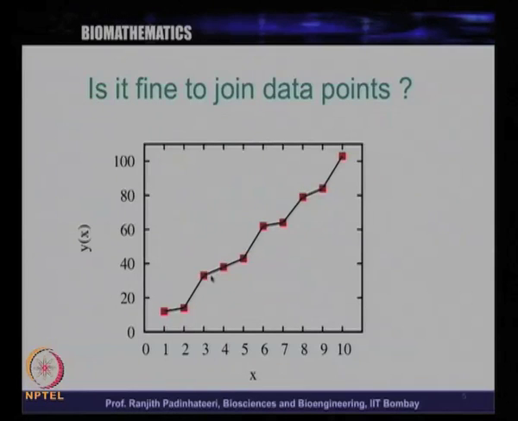When we get some data points like this, first we have to know what is actually the phenomenon. Depending on that, we can make some guess, or sometimes know, what function this must be following, and if you know the function you can fit that function to this data.